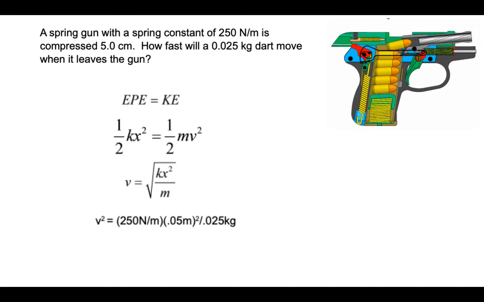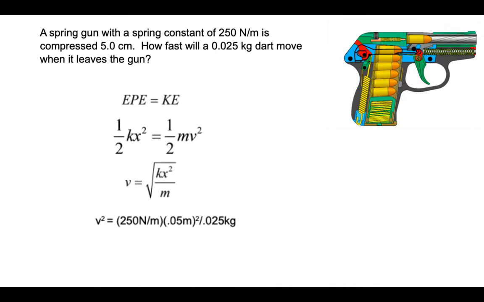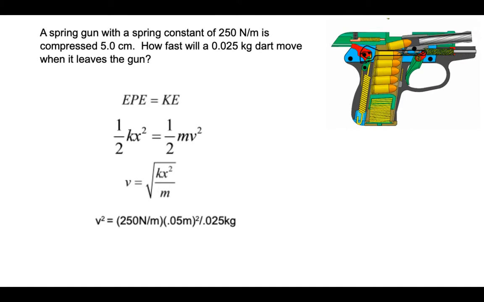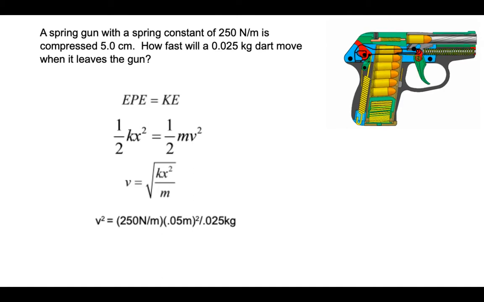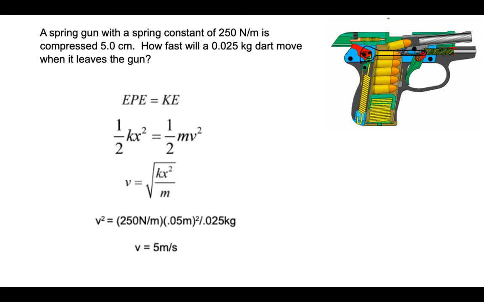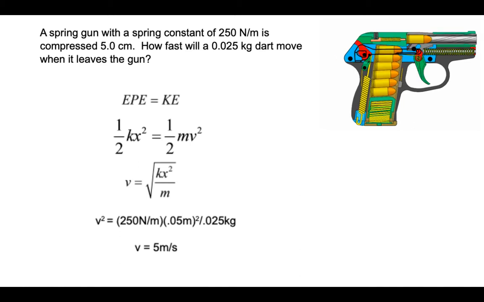In your calculator, make sure you have 0.05 squared times 250 in parentheses, divide by 0.025 kilograms, and then take the square root. Your calculator does not know order of operations, so it's important to let it know what order to multiply. And we find that the velocity would be 5 meters per second.